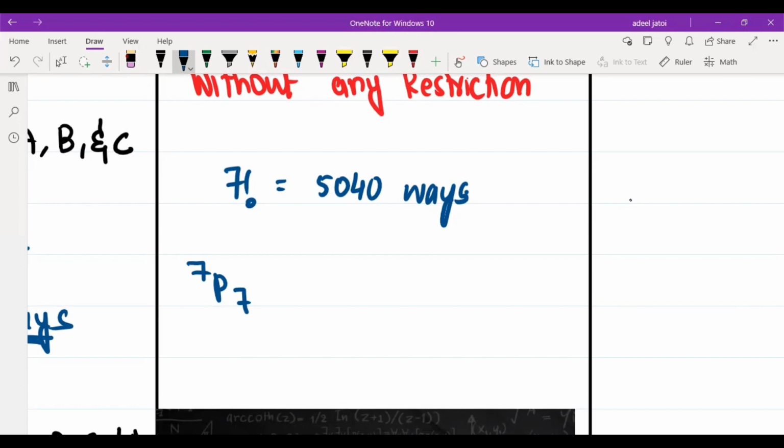This is just to let you know, we will not be using P, we'll be using C and factorial, but we can use 7P7. How do we use 7P7? Because permutation refers to selection and arrangement. When we are selecting all the alphabets, and we have 7 alphabets, I'll be choosing all 7 alphabets as well.